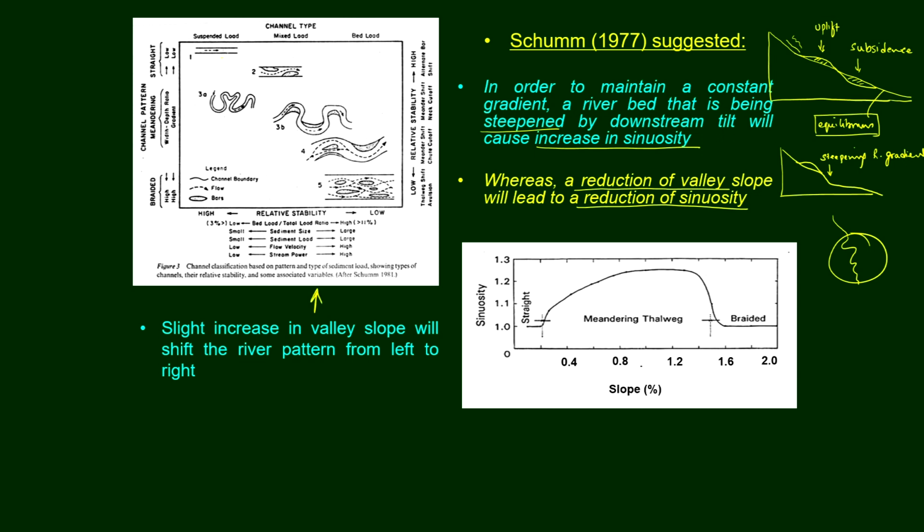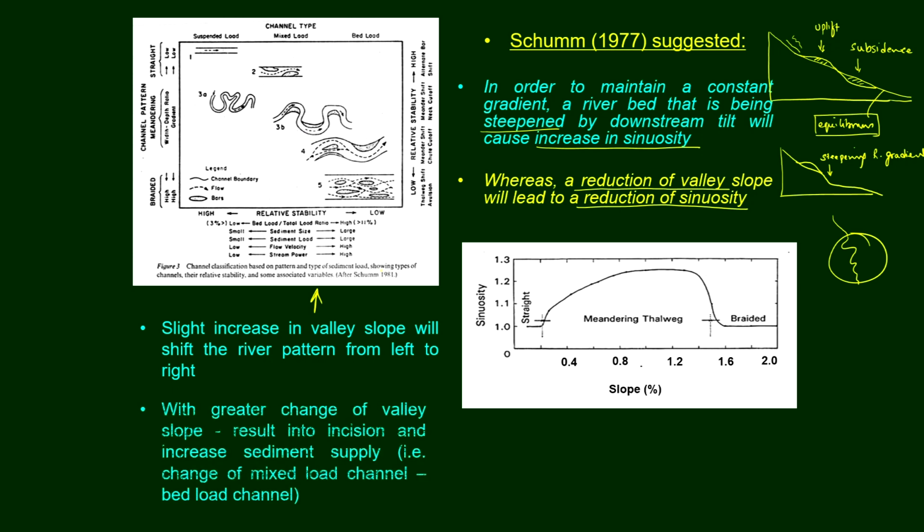If there is an increase in valley slope, the pattern will go from straight to braided, or maybe braided straight, and then you are having sinuous channel and all that. So, with greater change of the valley slope, it will result in incision and increase in sediment supplies, that is change of mixed load channel to bed load channel.